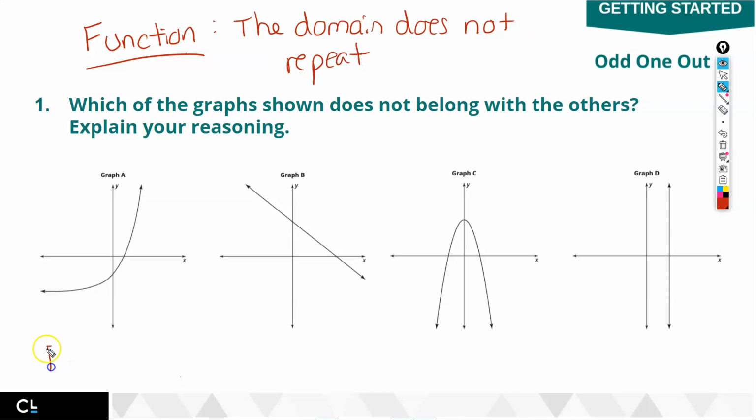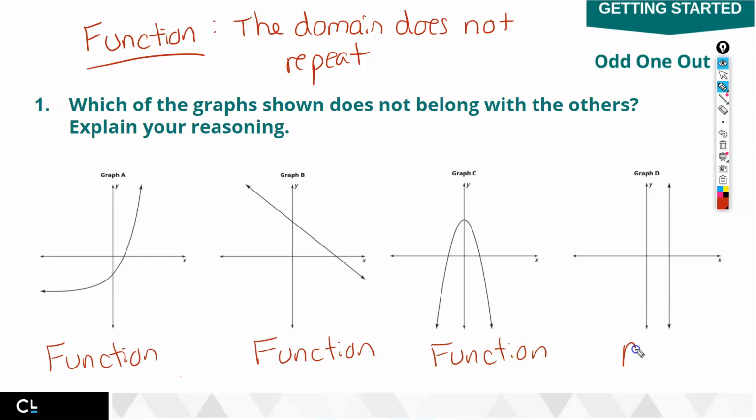Graph A is a function, and we'll go into detail about why. Graph B is a function. Graph C is a function. Graph D is not a function. Here you can think about all these domain values repeating. We can only have one individual domain.